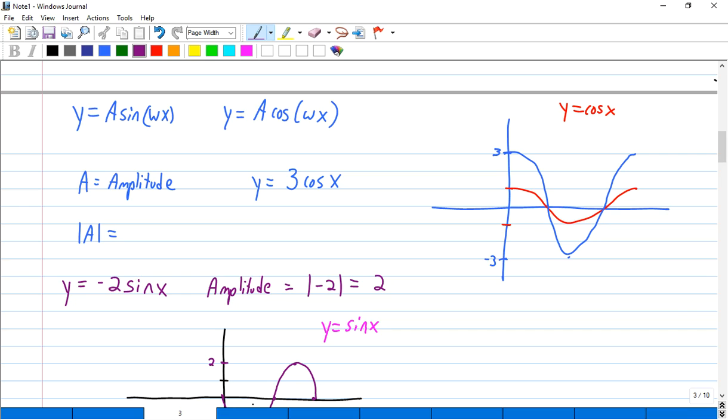So you're taking the sine of pi over 3. That means it's going to go up a lot faster and down a lot faster, so it's going to be compressed. Whenever the omega, the number in front of x, is larger than 1, that's going to compress the graph.